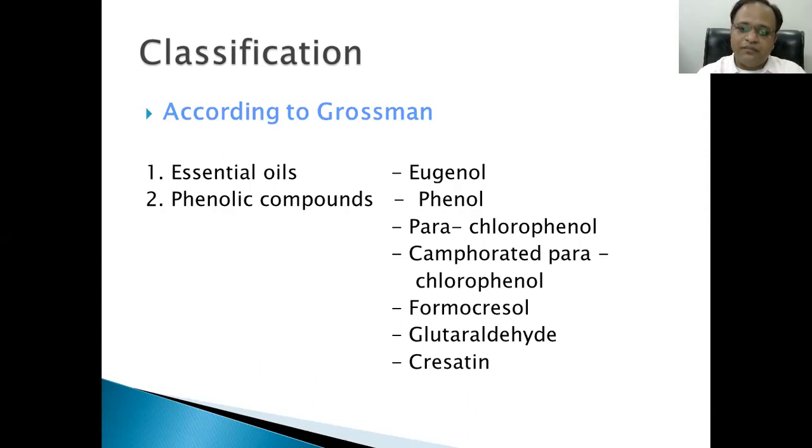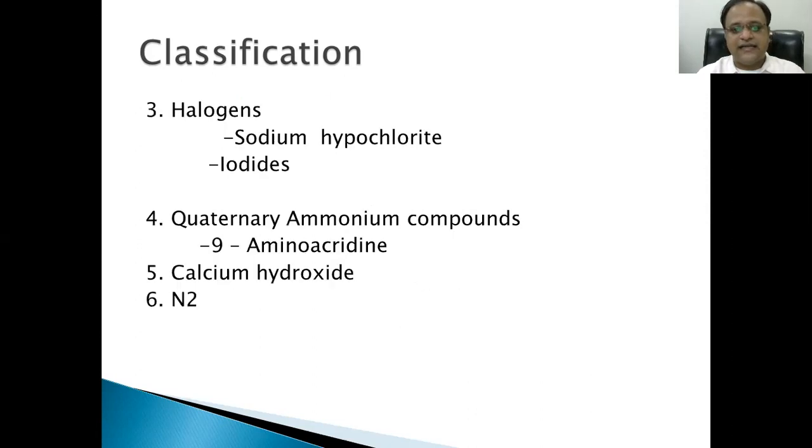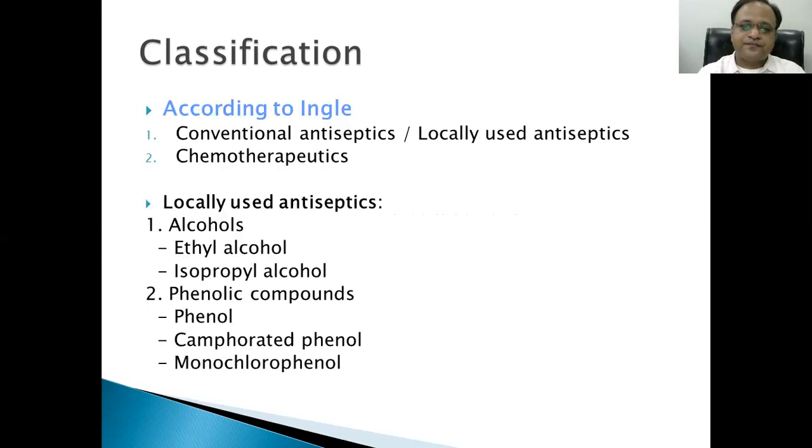Coming to phenolic compounds, there are phenol, parachlorophenol, then camphorated parachlorophenol, formocresol, glutaraldehyde, and quercetin. Halogens are also commonly used, like sodium hypochlorite and iodine potassium iodide, which is one of the main products. Quaternary ammonium compounds like 9-aminoacridine, calcium hydroxide, the world famous calcium hydroxide, the best one used till date, and N2.